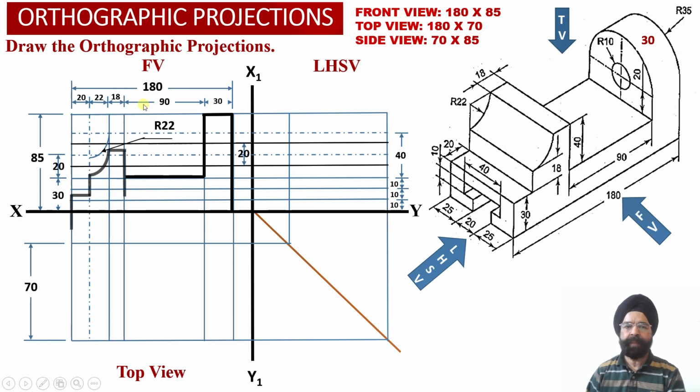Similarly, we can join this circular portion, and then this is a stepped portion over here. So corresponding to this portion, we are able to observe the true shape projection of this surface in the front view projection.